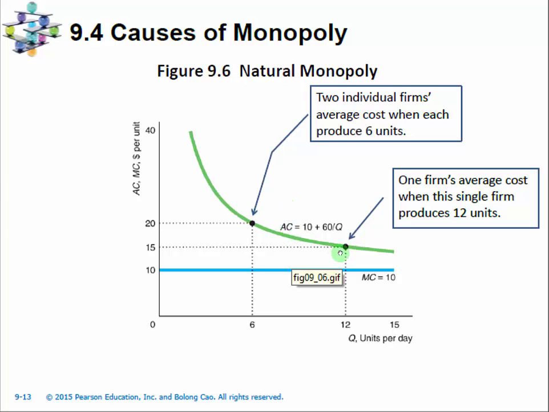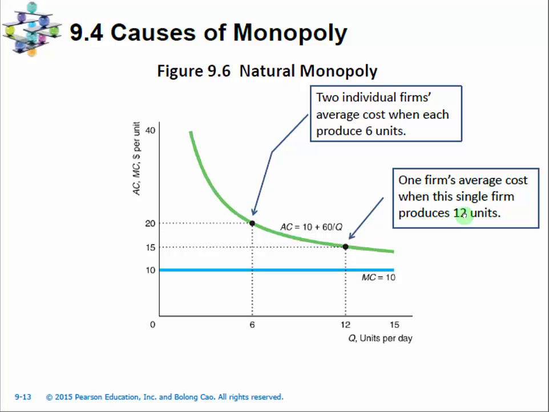So when you just have one firm paying the fixed cost, we can actually bring down the average cost for producing the same total market output, 12 units, from $20 to $15. That is because we avoided building another factory. Just one factory producing all the output, and spreading this fixed cost thinner and thinner over all the quantity produced.